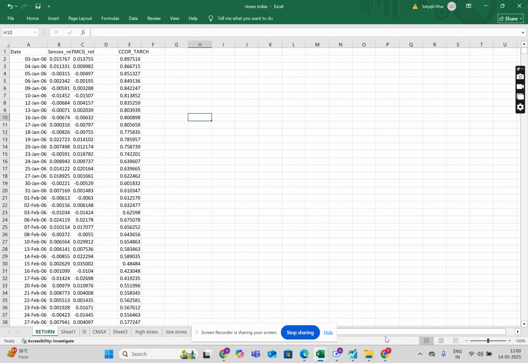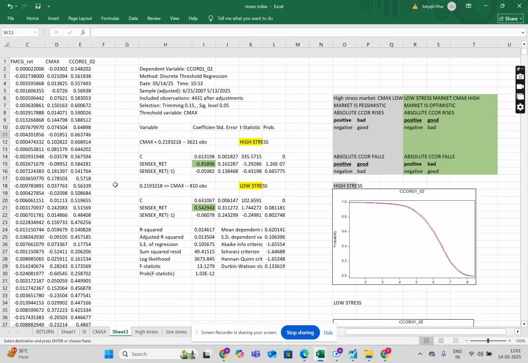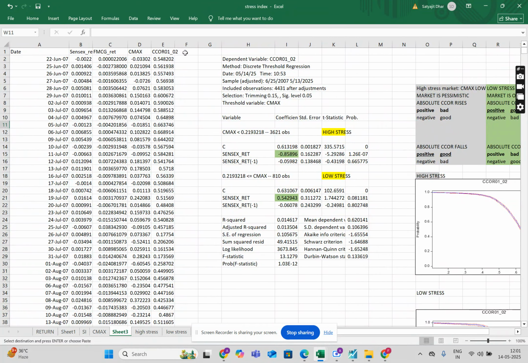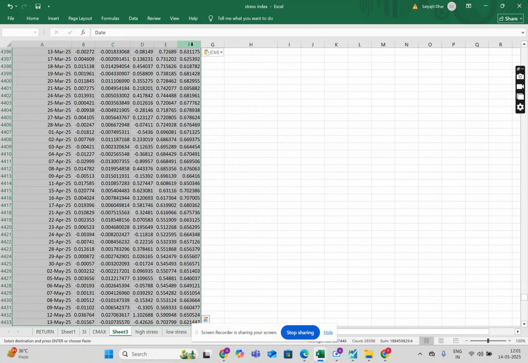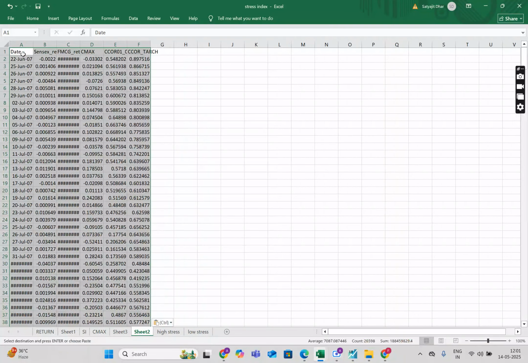Now let me go back to EViews, and let me put it in this sheet. I will copy and paste this portion on another sheet.